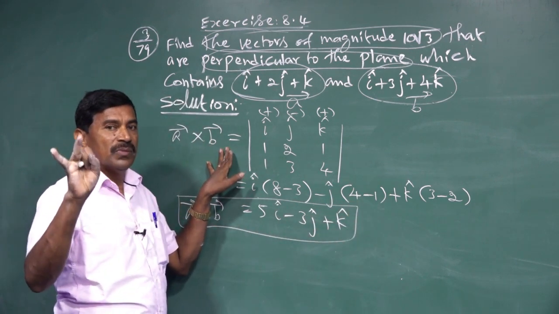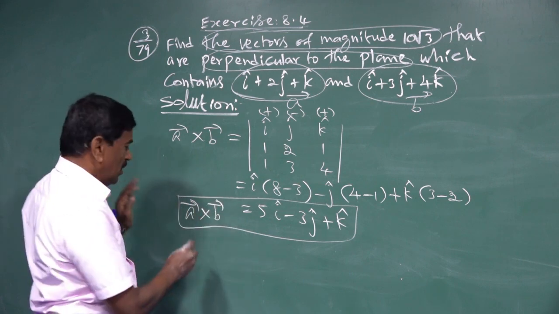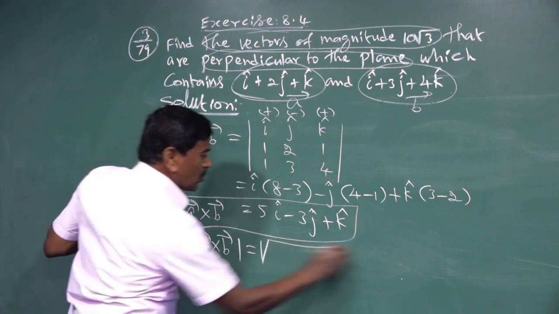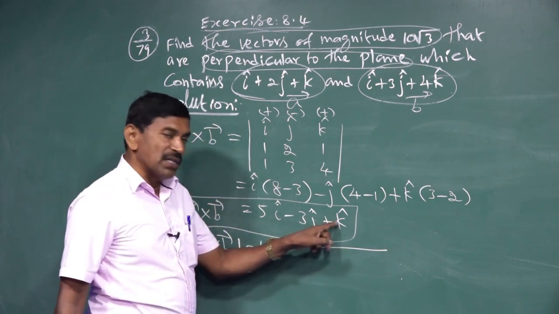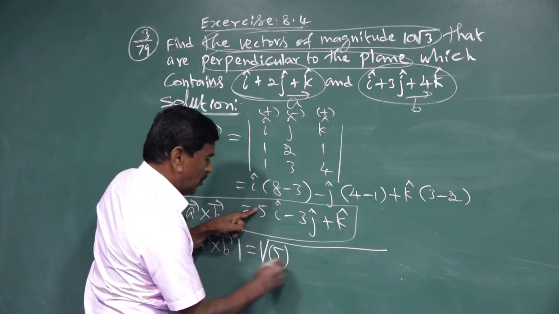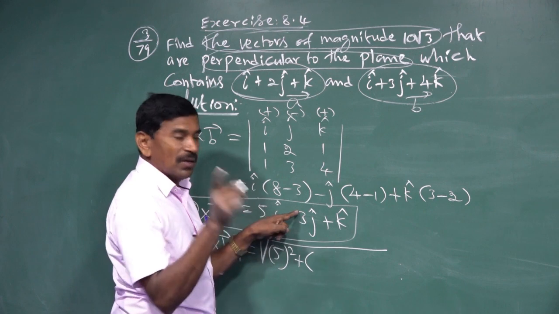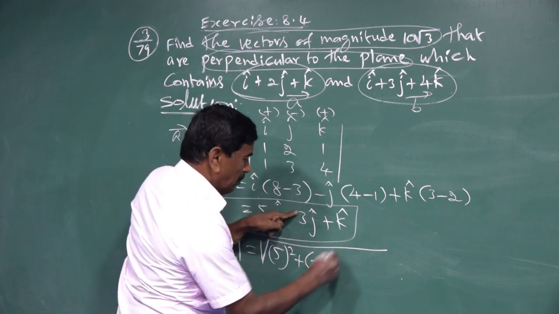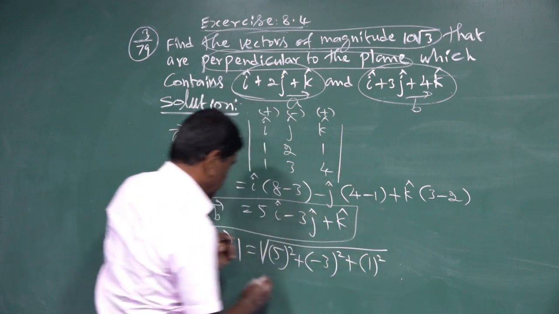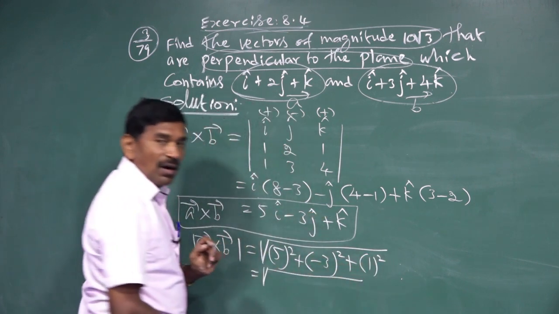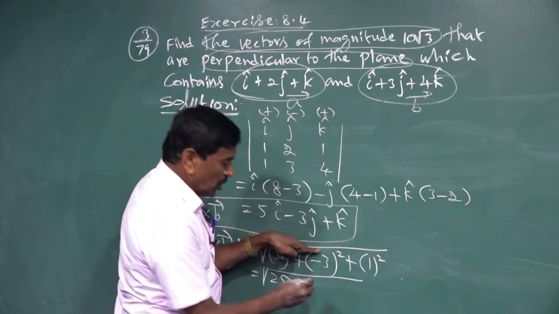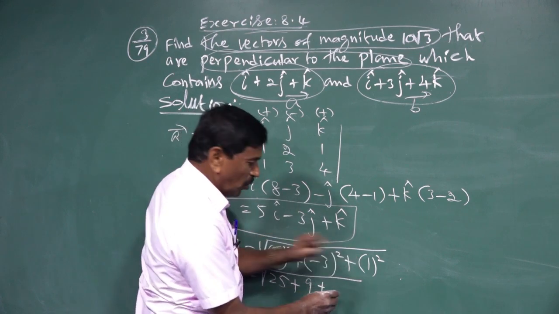Step 2, modulus a cross b. Modulus a vector cross b vector is equal to the square root of the sum of the squares of the i, j, k coefficients. The i coefficient is 5, so 5 squared, plus the j coefficient minus 3 squared, plus 1 squared. That is the square root of 25 plus 9 plus 1.